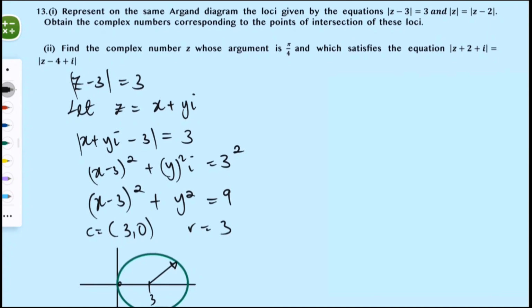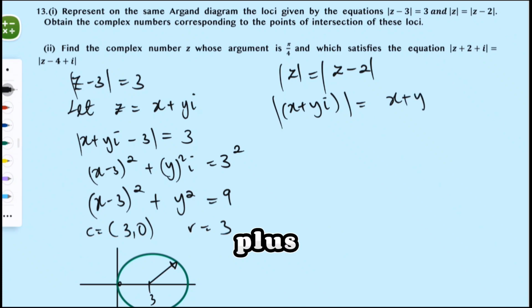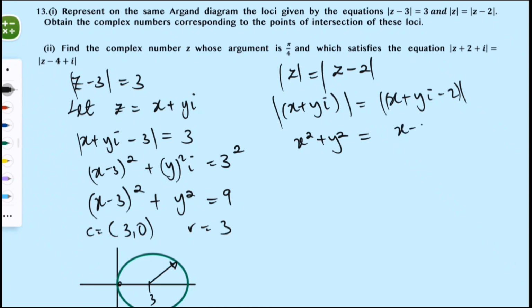The second would be the magnitude of z equal to the magnitude of z - 2. Again, we let z be x + yi and replace these. The magnitude of x + yi - 2. Over here, we're just going to have x² + y². And then over here, (x - 2), which is the real part, plus y².